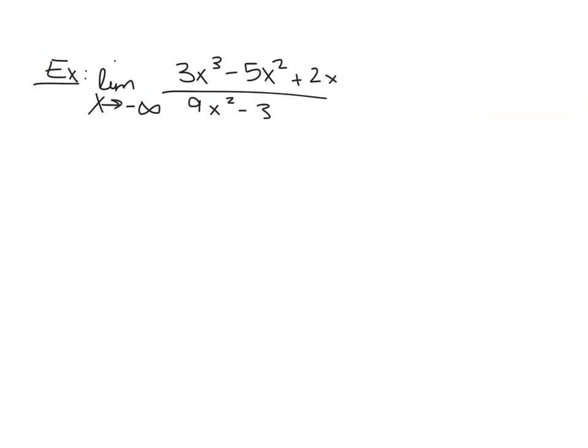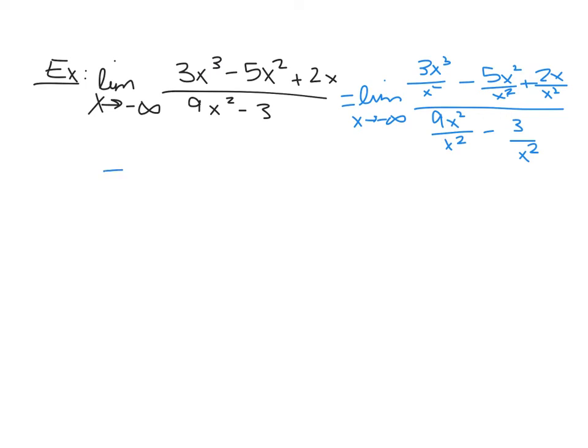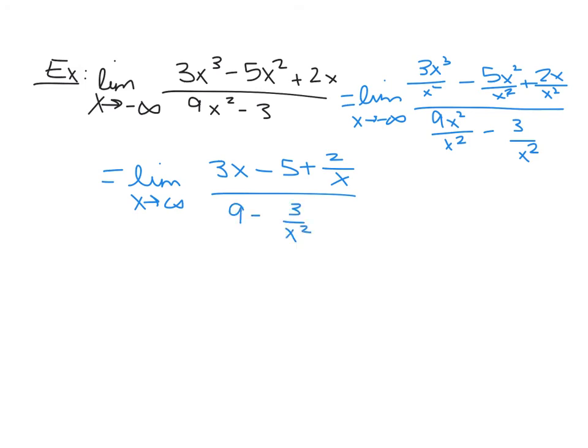For this type of problem, I'm going to do what I just did and divide everything by x squared. When I simplify that out, I end up getting 3x minus 5 plus 2 over x over 9 minus 3 over x squared. If I substitute infinity for everything there, for the 3x, sorry, this should be negative infinity, I lost that.